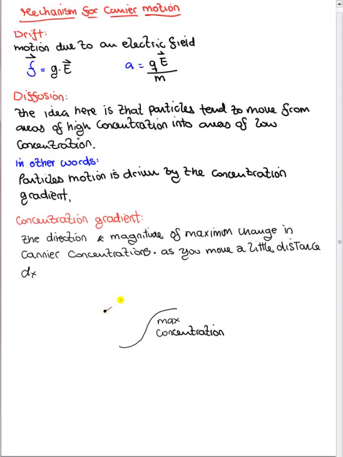So it points in this direction, and the magnitude of it will be the magnitude of increase as you move a little. So here is the position, and here is dx. So it will point in the direction of maximum increase in concentration, which is this way, and then the magnitude of that vector will give you the magnitude of that increase as you move that little dx.